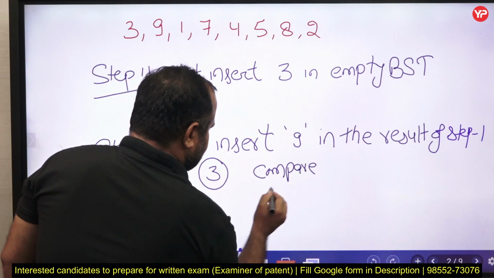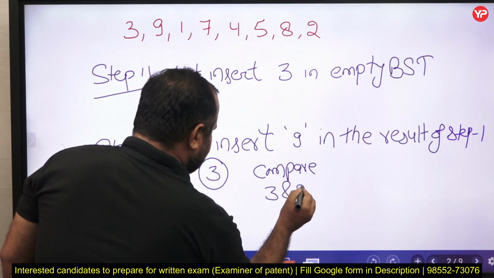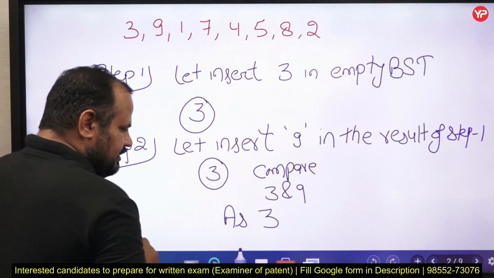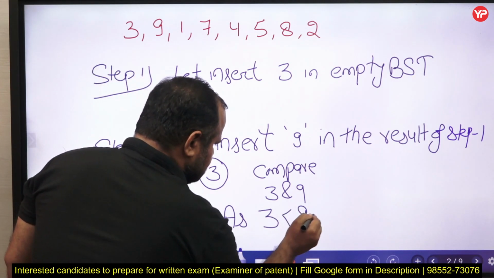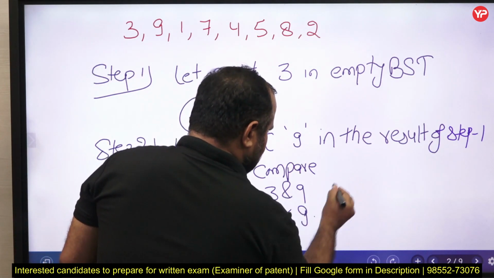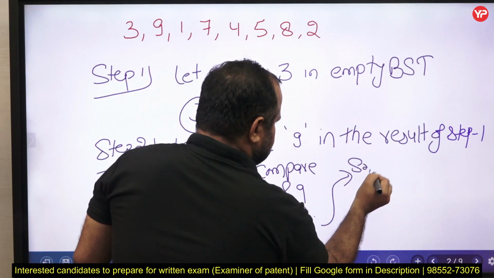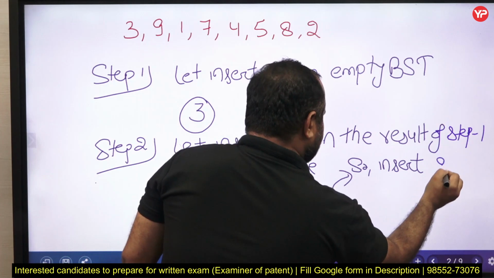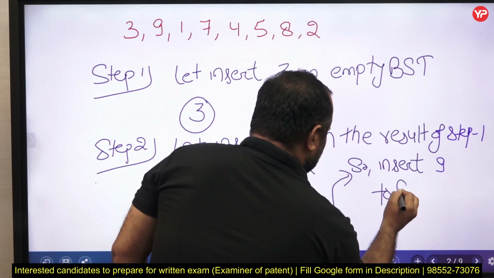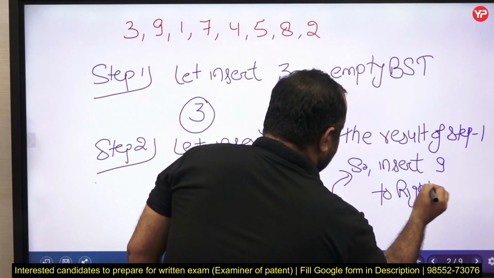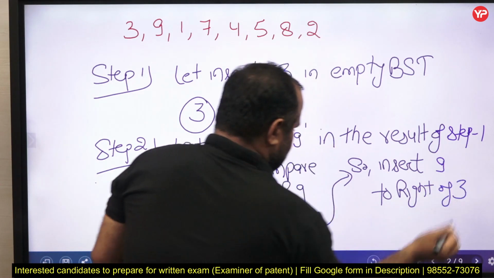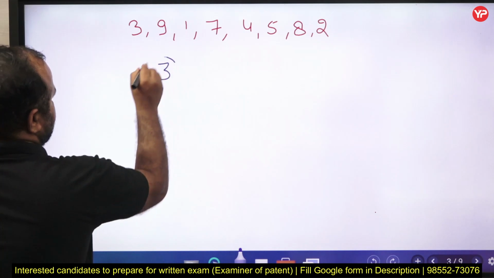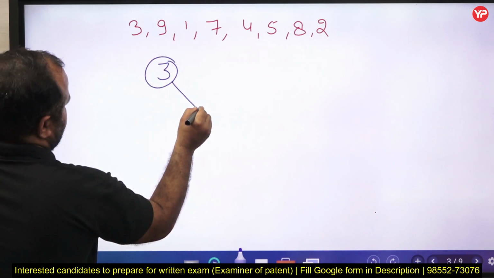Compare 3 and 9. As the root is 3, which is less than 9, insert 9 to the right of 3. So the result will be 3, 9.